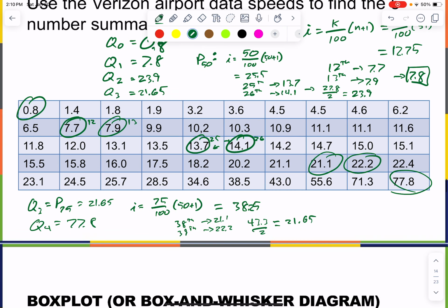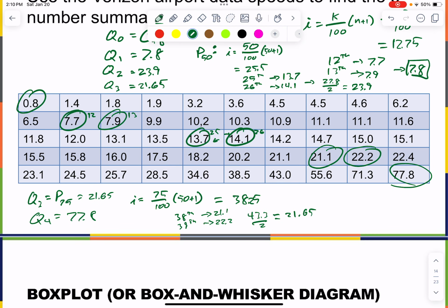No, all right, this was a problem here. 27.8 divided by, let me just use my calculator.